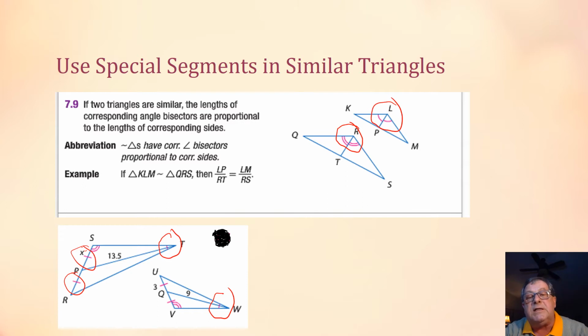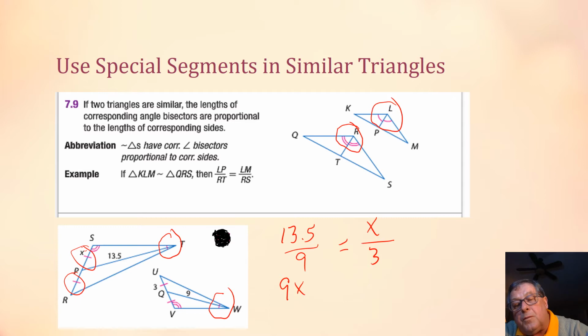So we can set up our proportional ratios this way. The angle bisector gives us a proportion: 13.5 over 9, and we want to find x. The corresponding sides should also be proportional, so we have x over 3.